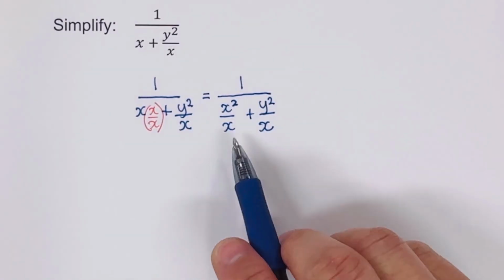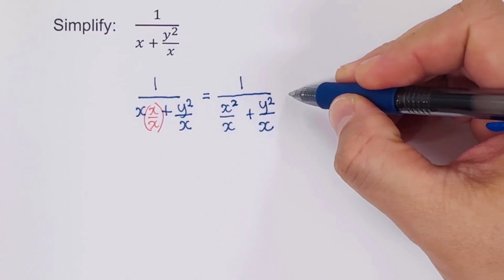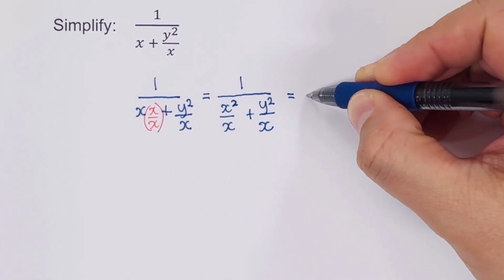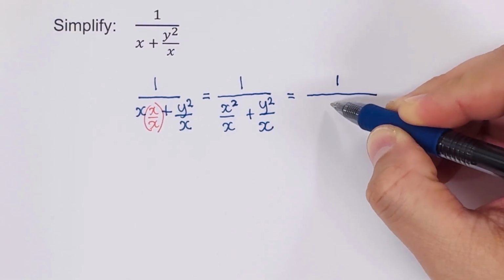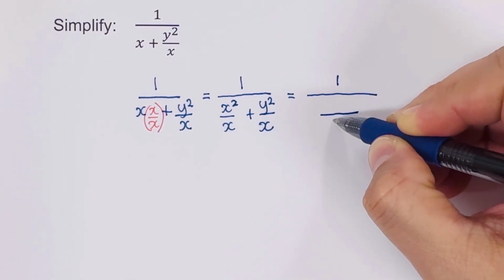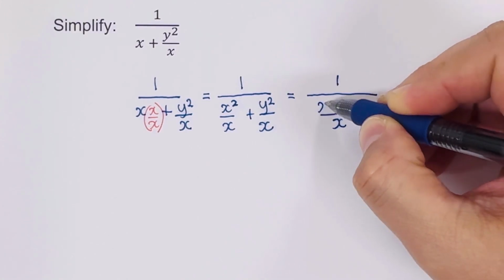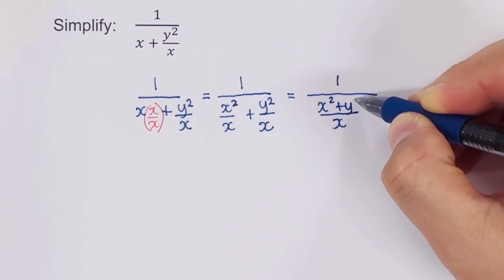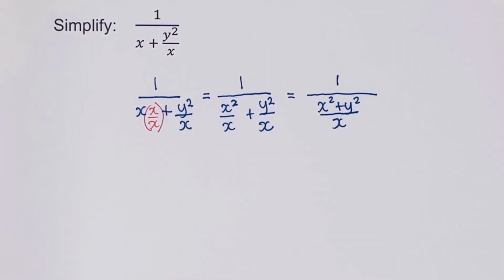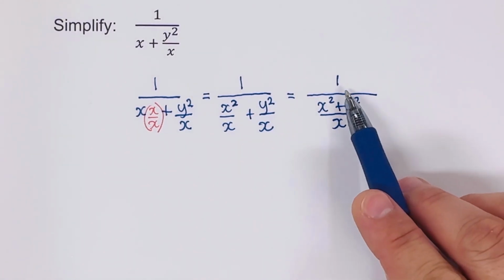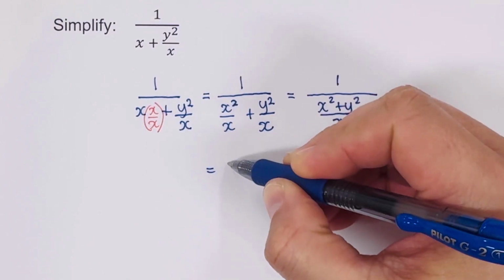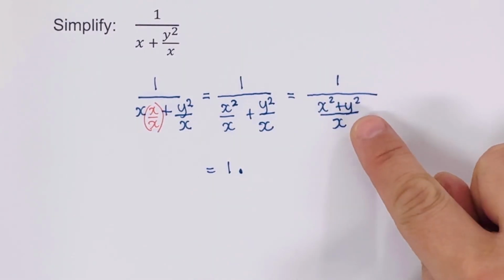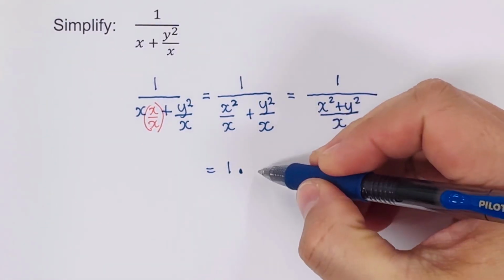If you notice, their denominators are the same already, so we can go ahead and combine them. This would come out 1 over, with the common denominator x, x squared plus y squared. Now to simplify this further, we remember that for a complex fraction, we copy the numerator first, which is 1, and then we flip the denominator and multiply them across.